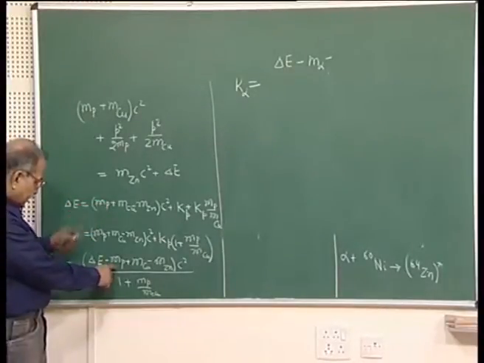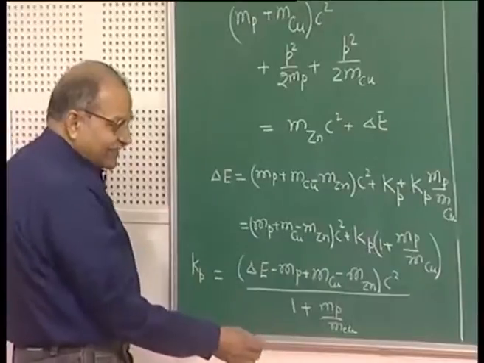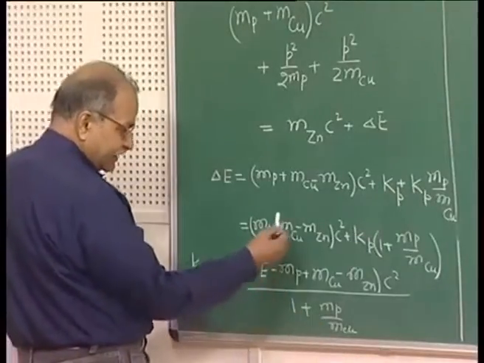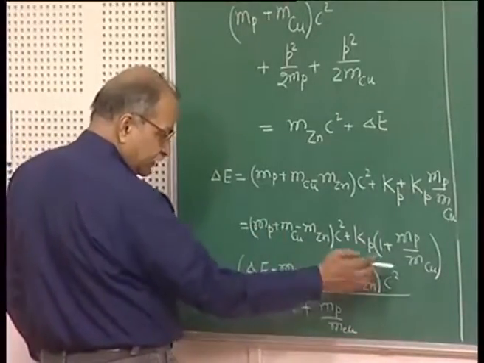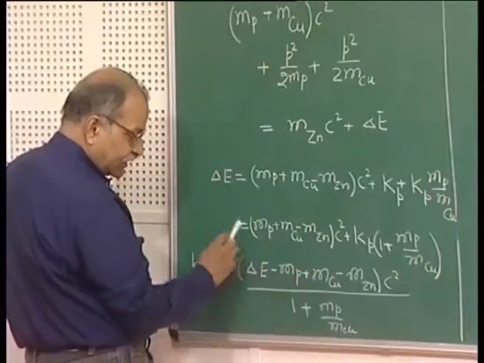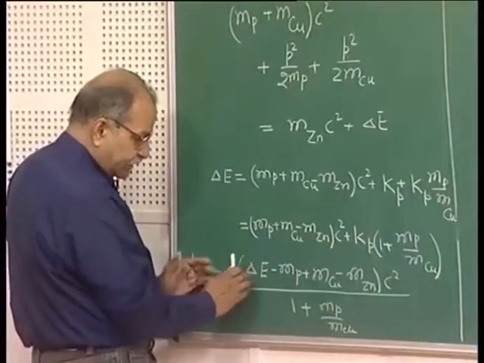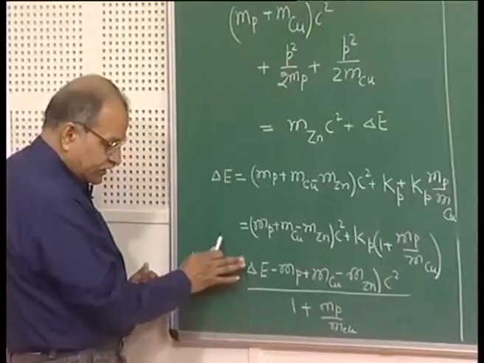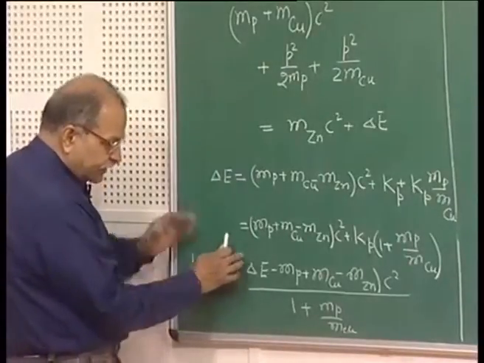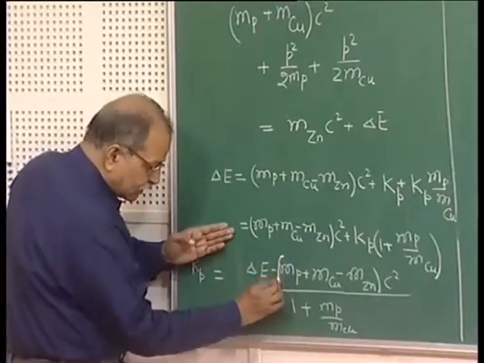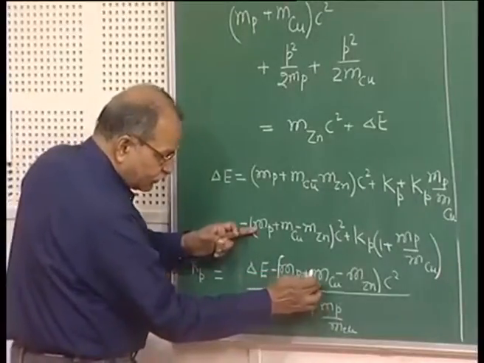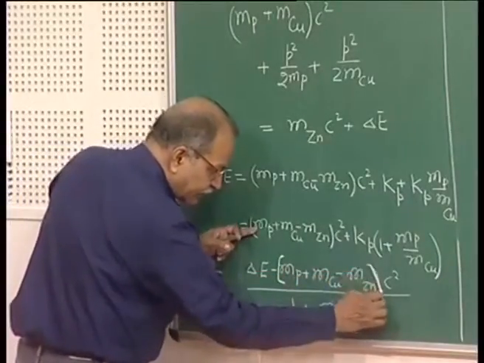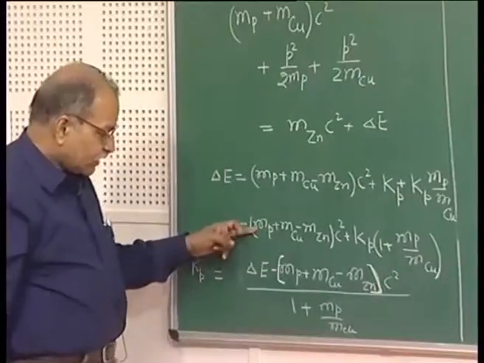Did I write it correctly? Let us check. So, this is Mp plus Mcu minus this. So, this is equal to delta E and minus. Wait, let me do the correction. So, delta E and minus Mp plus Mcu and minus zinc, right. It is like this.